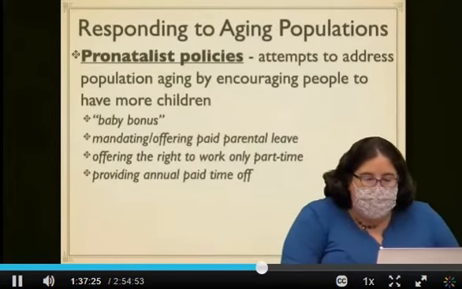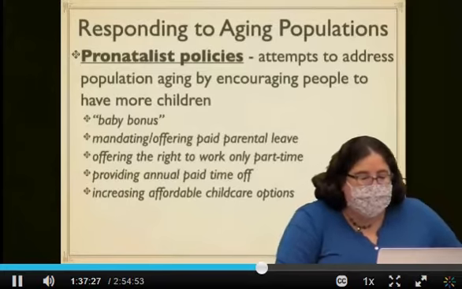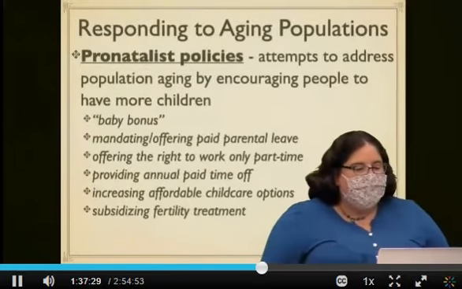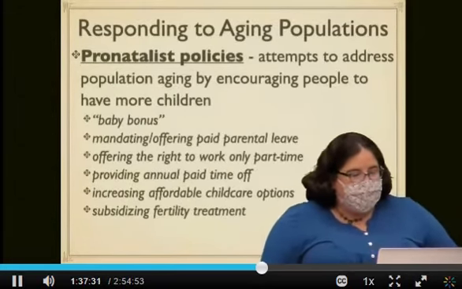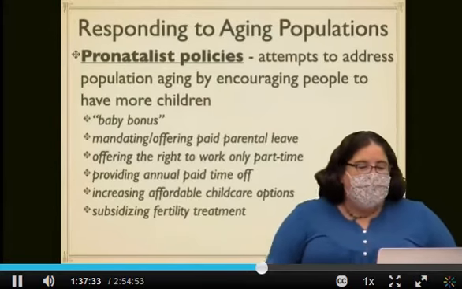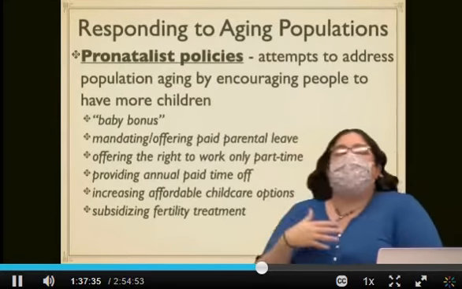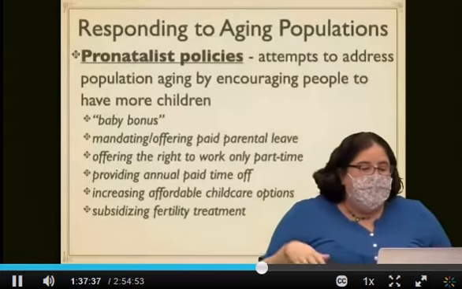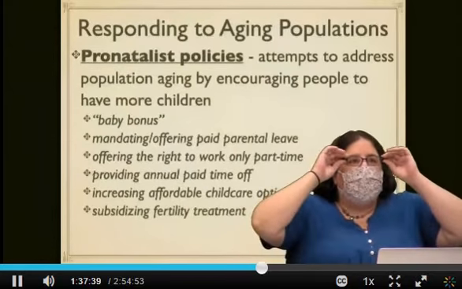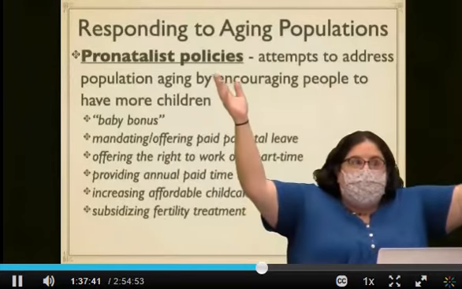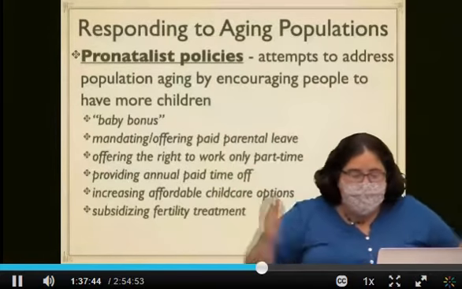Providing annual paid time off, increasing affordable child care options, and subsidizing fertility treatments are all things that have been done under the pro-natalist umbrella. Yes, if you're a pro-natalist, it does mean overall population increase is still a big problem.